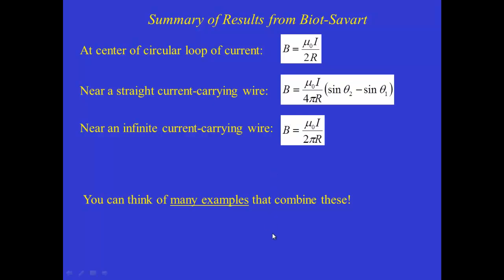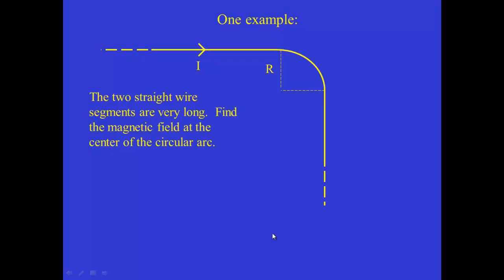For example, here's one. I won't do it, but I leave it to you as an exercise. We have two long straight wire segments, very, very long, as the dotted line indicates. This wire comes in from the left from far, far away, carries a current I, and then undergoes a quarter turn of a circular loop, and then proceeds on in the downward direction and goes way, way far away.